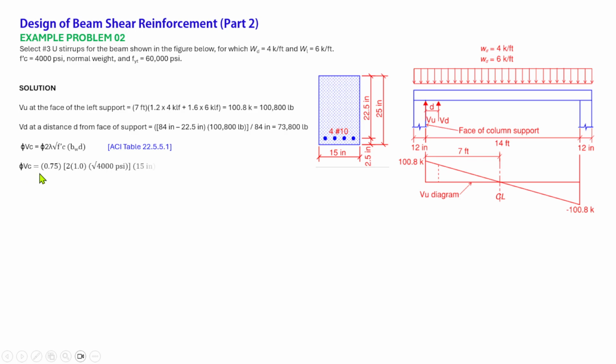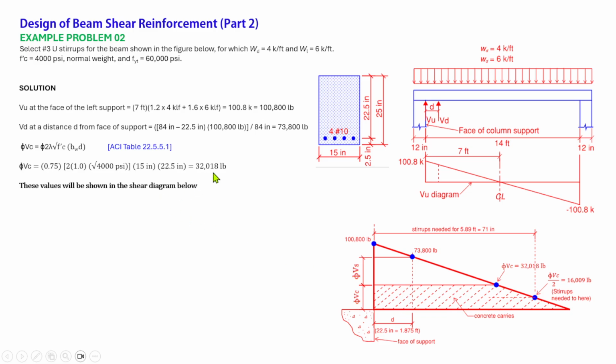Then phi Vc is equal to 0.75 times 2 times 1 times the square root of the strength of concrete, 4,000 psi, times the width of the beam, 15 inches, times the depth, 22.5 inches, that is equal to 32,018 pounds. Then this value, we will reflect on the diagram here. If you notice, this 32,018 pounds is plotted in this diagram here. This is phi Vc here.